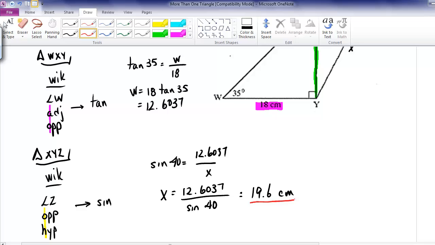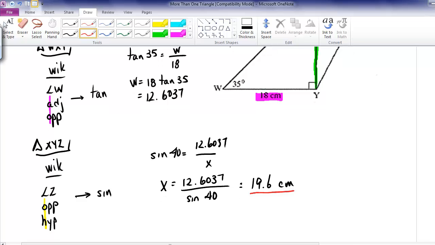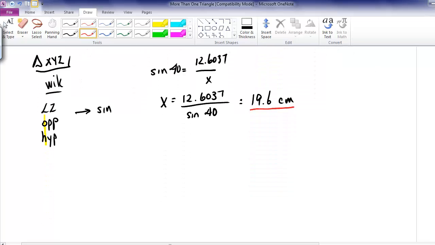So there's our first example of solving a question that involves more than one triangle. Really, it involves doing some more steps than what we've done in the previous 4 or 5 videos. So I have a quick little question I'd like you to think about: what might we call side w?